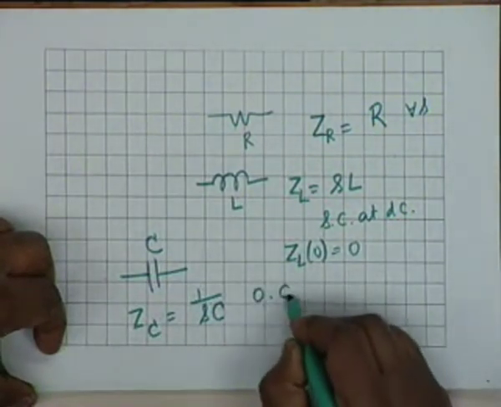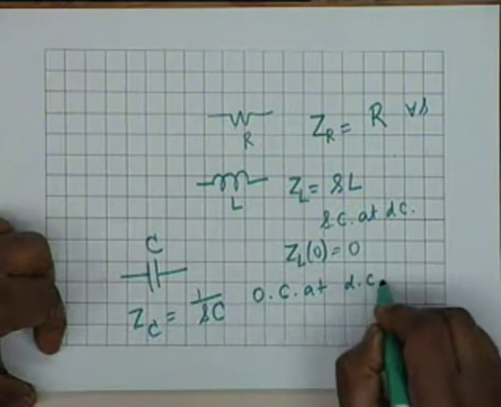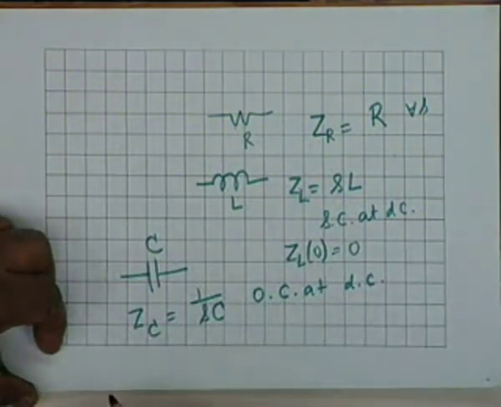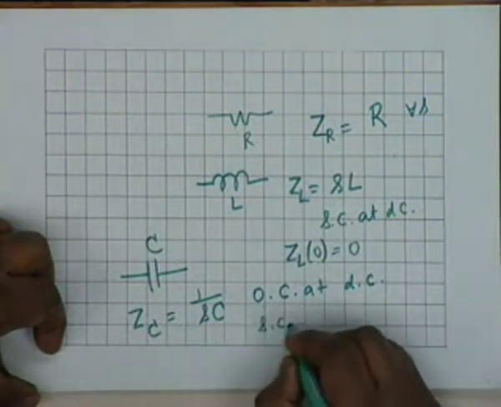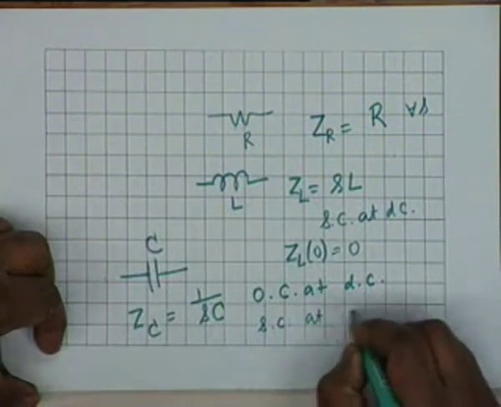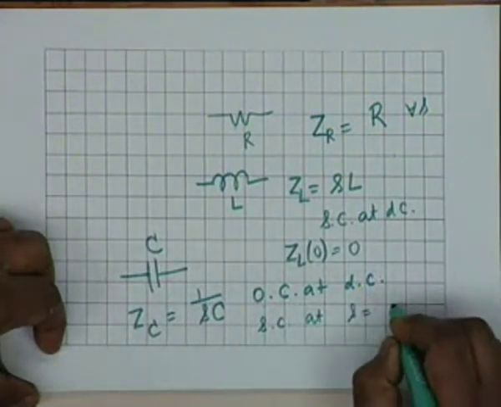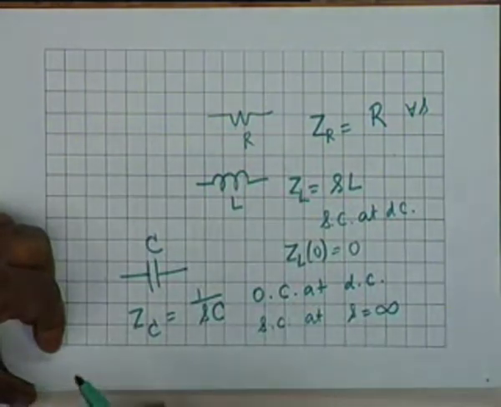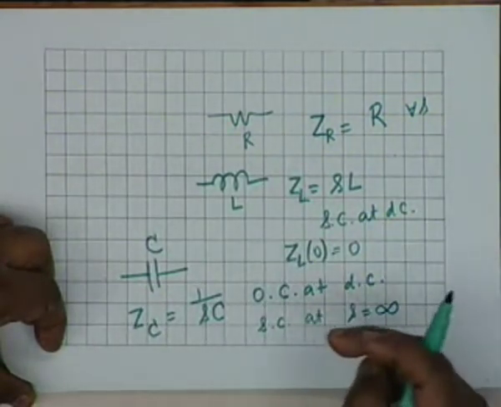In other words, it is an open circuit at DC. It also can be a short circuit, but then you have to make s equal to infinity. At infinite frequency, the capacitor behaves like a short circuit, but at DC it behaves like an open circuit.